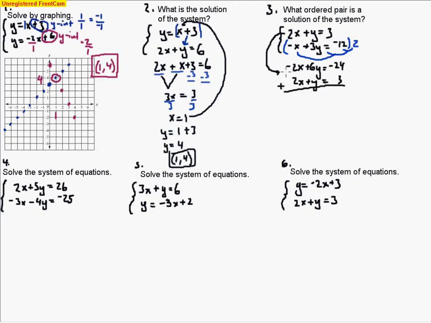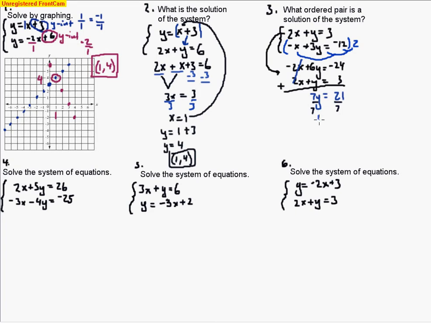I get those x's to cancel. And let's see what we have. So again, these canceled out, so I'm left with 7y equals 21. I had to subtract because they are opposite in sign. So I do that division, and I end up with y as 3. Well, that's just as one term.